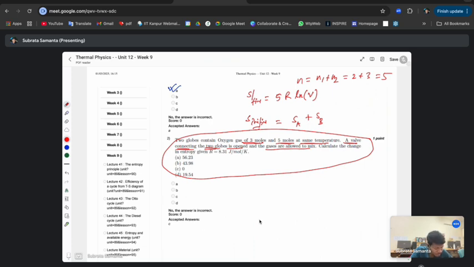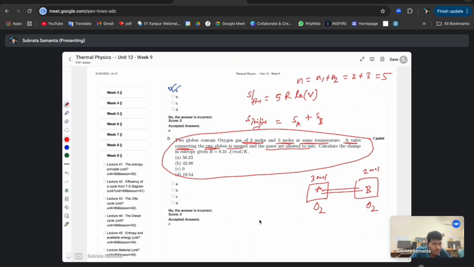So container A, container B, both are O2 gas, and a valve is connecting these two. This is 3 mole and this one, let's say, 2 mole. Now we open the valve and allow them to mix.